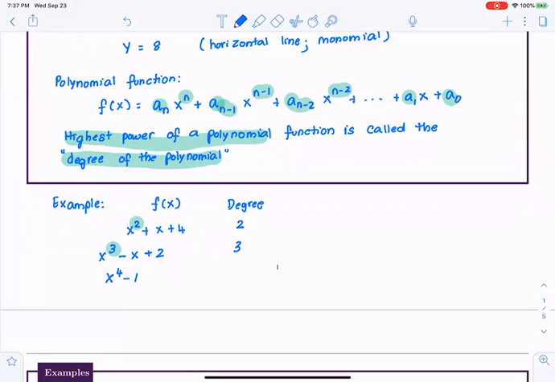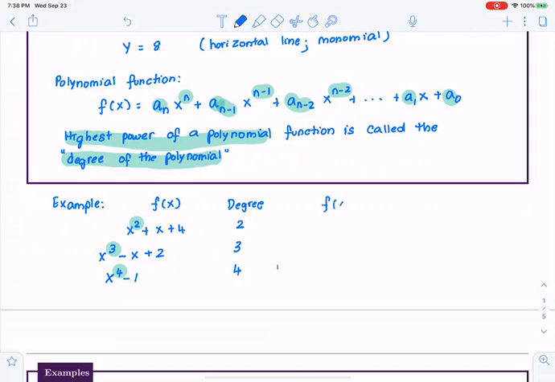So it is a binomial expression since one of the terms is x raised to 4, the other is 1. But in terms of a polynomial function, what is the highest degree, the highest power? The highest power is 4, so the degree of the polynomial is 4. So the degree of a polynomial function is simply the highest power in the expression.